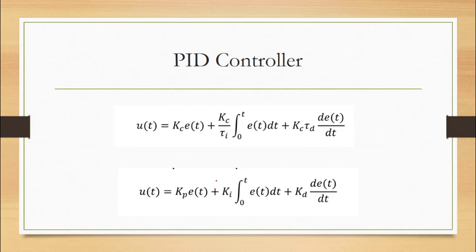These are the very famous equations of the PID controller: Kc E of t plus Kc by Ti integration of E of t dt plus Kc Td de by dt. If I replace Kc by Ti and Kc into Td with the integral and derivative gains, with Kc replaced by Kp, the equation becomes U of t equals Kp E of t plus Ki integration of E of t dt plus Kd de by dt.